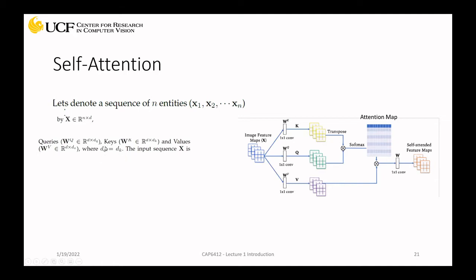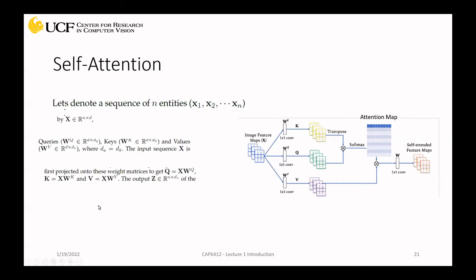We assume that DQ and DK are the same. Then we take X, multiply with WQ, and get Q. X multiplied by WK gives K, which is the key, and similarly we get the value.